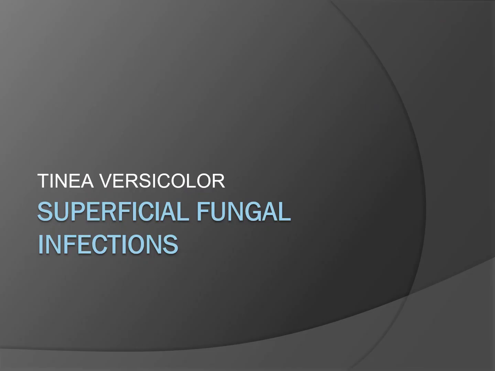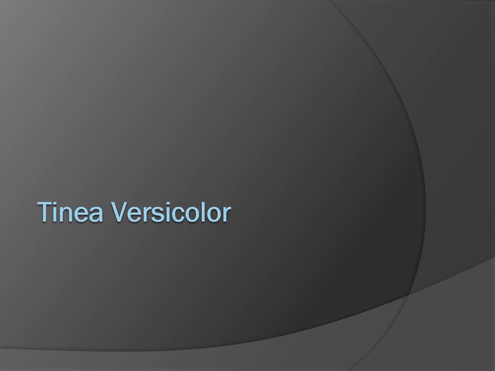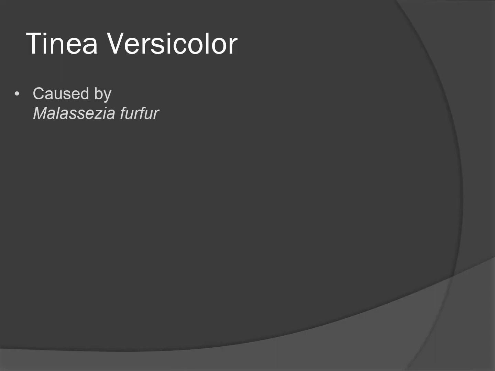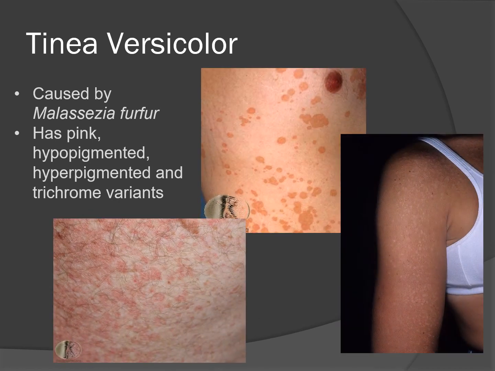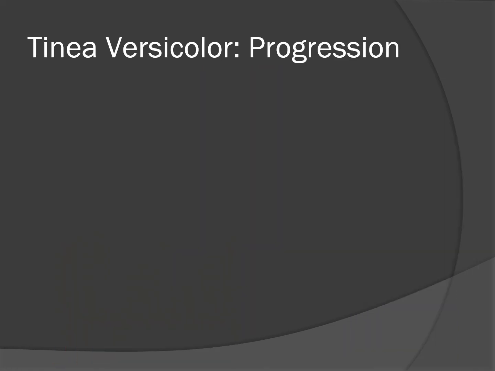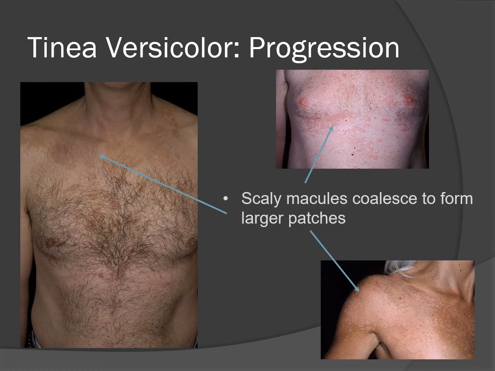Now we go on to Tinea versicolor. Tinea versicolor is caused by the fungus Malassezia furfur. Tinea versicolor can present as pink, hypopigmented, hyperpigmented, or even trichrome variants, hence the name Tinea versicolor, from these multicolor macules on the skin.